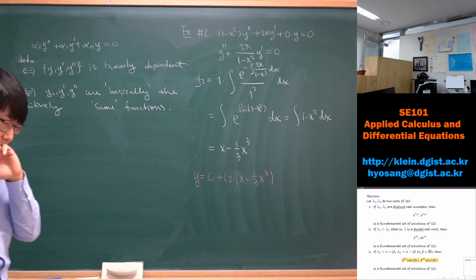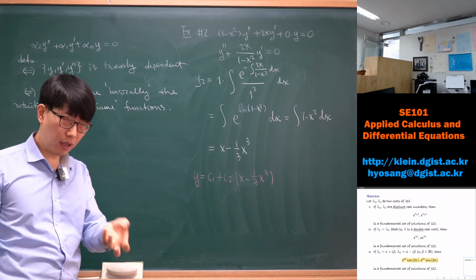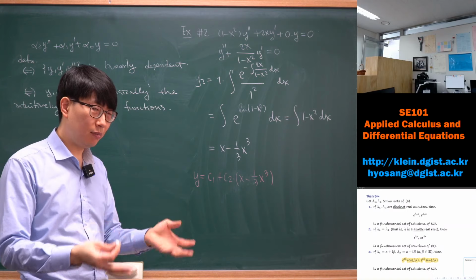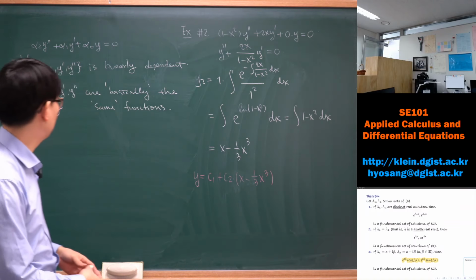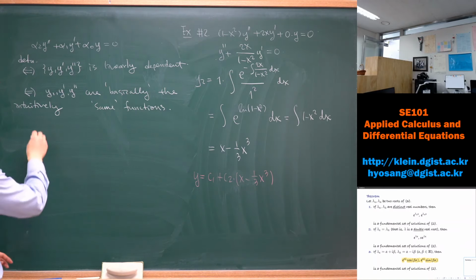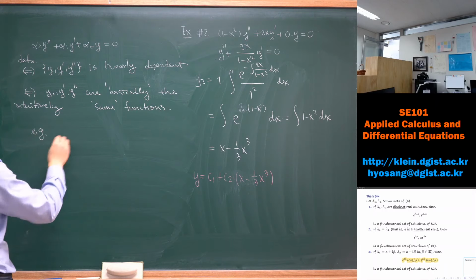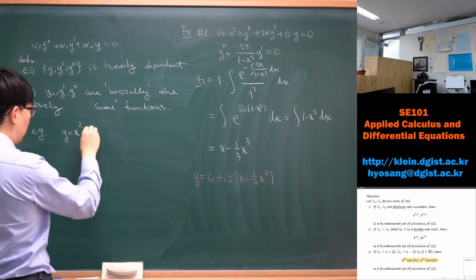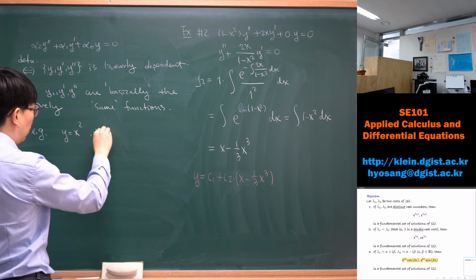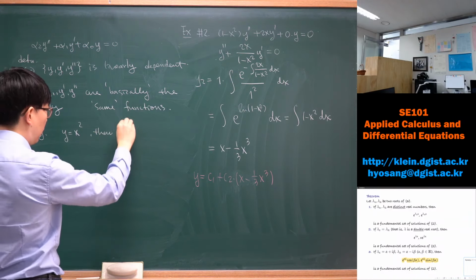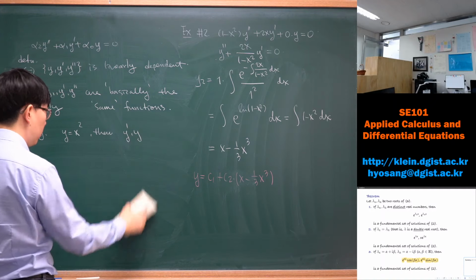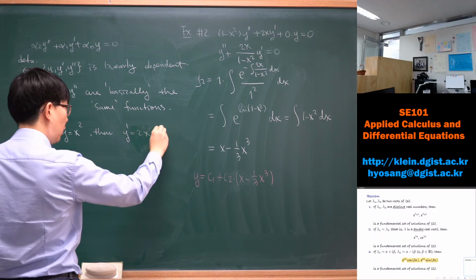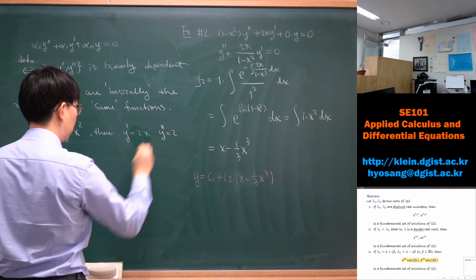So same doesn't mean that it's actually the same function. It basically means similar functions. But if you're looking at the polynomial, such as y equals x squared, then y prime is 2x, and y double prime is 2.